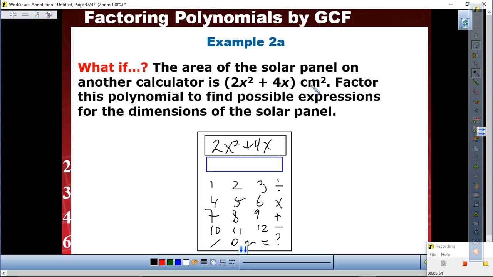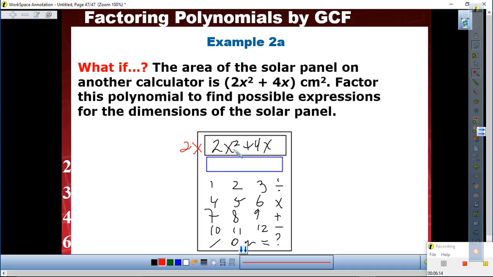Now the centimeter squared, we leave it for right now on the side because we're going to use the measurement for the dimensions. So, to find the dimensions of this panel, we need to first find what, everyone? GCF, which is 2x. Okay, so that's the dimension for this side. How do we find the measurement for the other side? Step 2 is to divide.